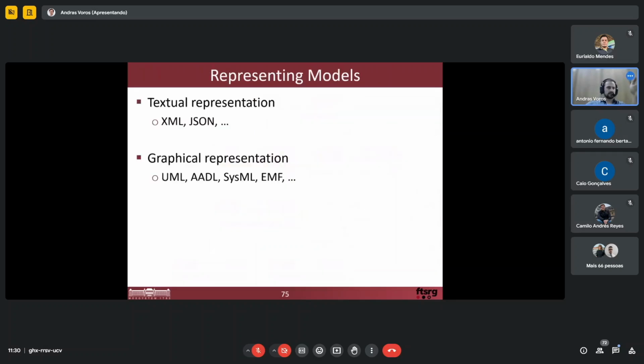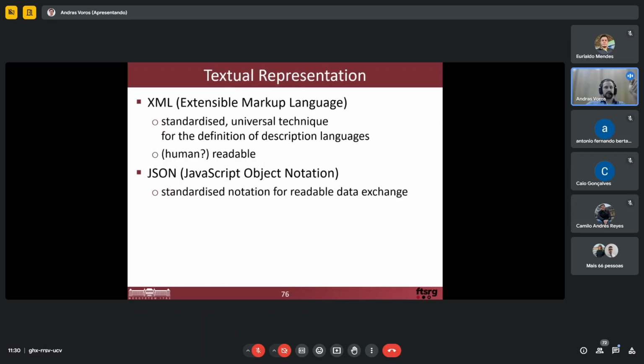And there are many other representations for models, for example, textual representations such as XML and JSON, and graphical representations such as UML, EDL, or SysML that I mentioned in many cases. And I guess soon the next version of the Systems Modeling Language will come out, and it will be much better than before.